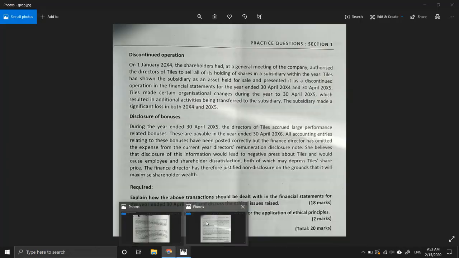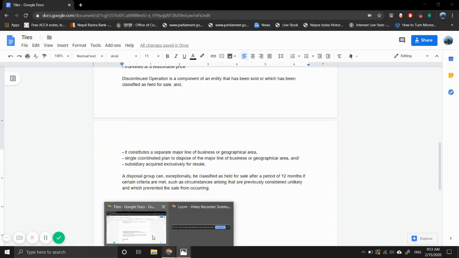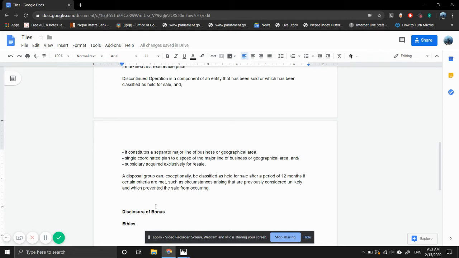So in this case, what has happened? Basically, Tiles has made certain organizational changes during the year to 30 April 20x5, which resulted in additional activities being transferred to the subsidiary.